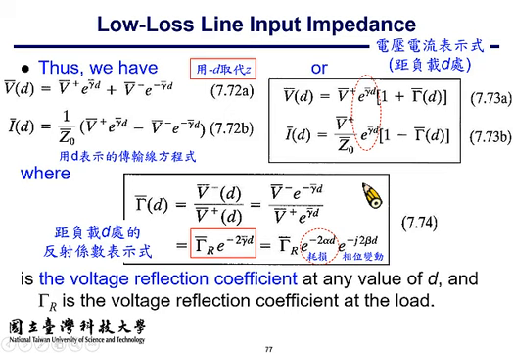And because gamma is a complex number, this term can be separated into a pure real number and a pure imaginary number. So you have exponential minus 2 times alpha d. This is a real number, and it stands for the propagation loss. And the 2 suggests you are taking the round-trip propagation into account.